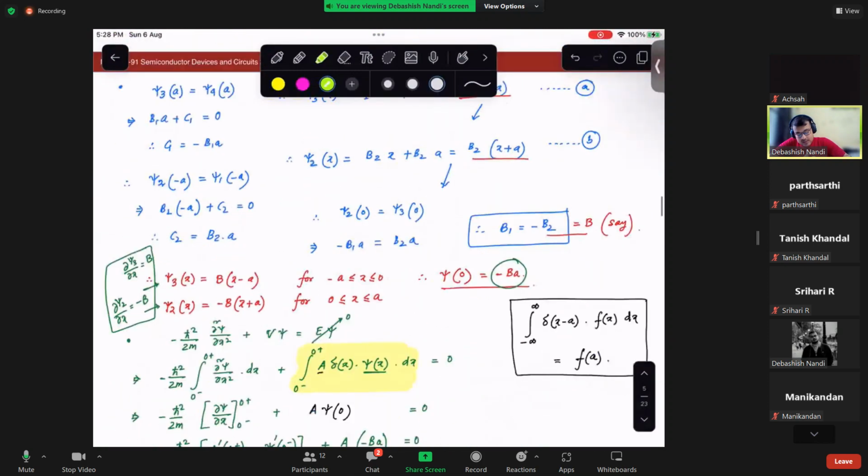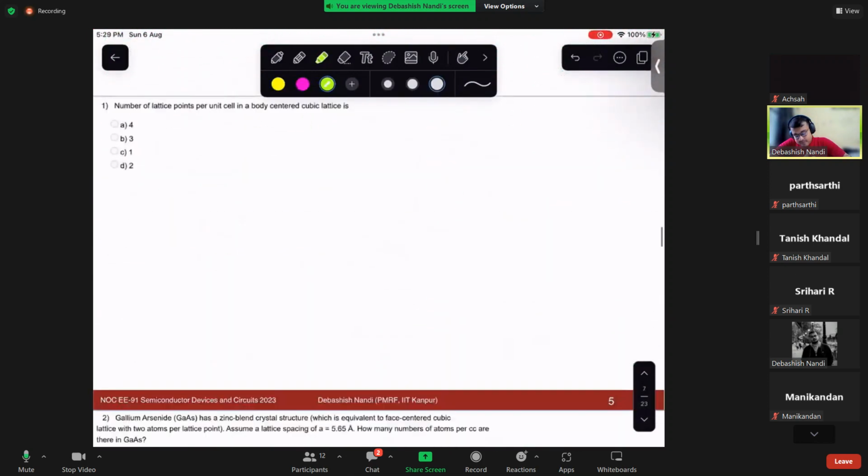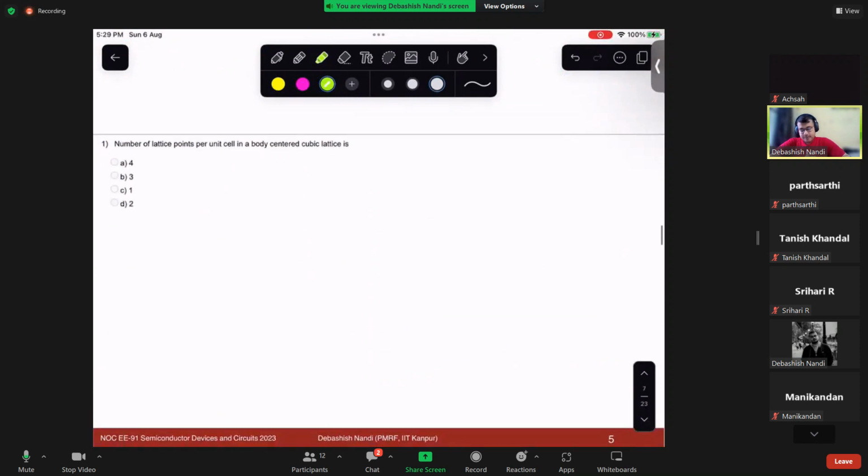Okay. So let's move on to the next problem. It is asked that the number of lattice points per unit cell in a body centered cubic lattice is... So what is a unit cell, by the way?